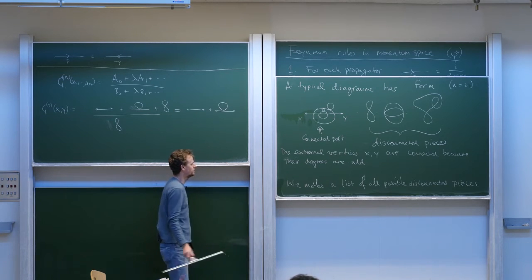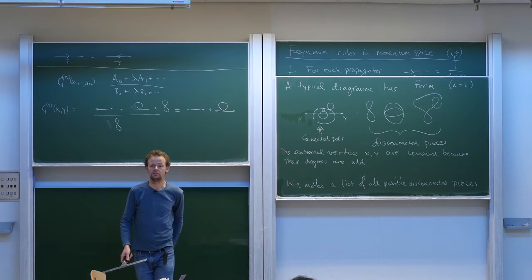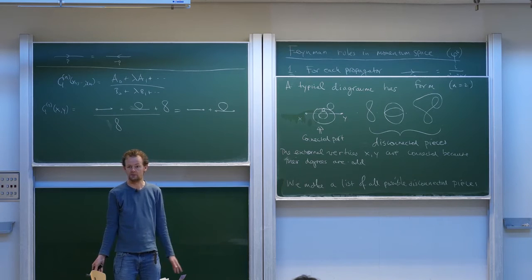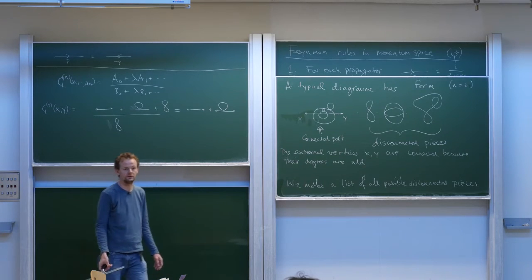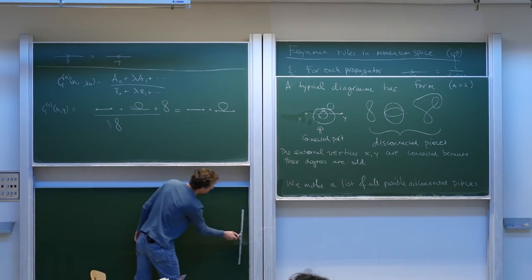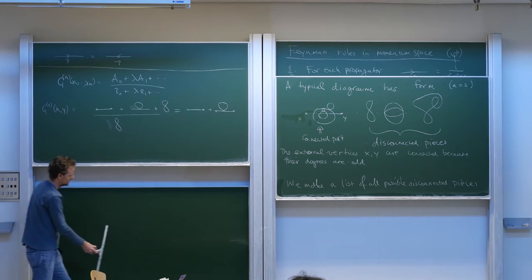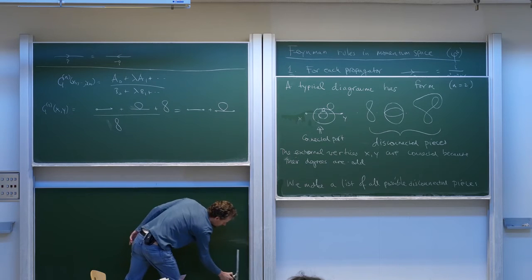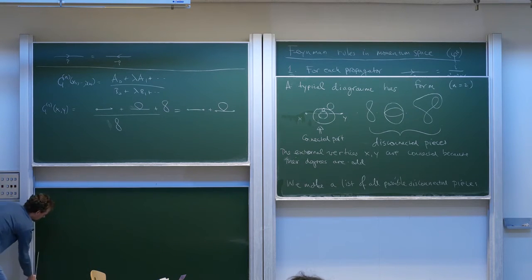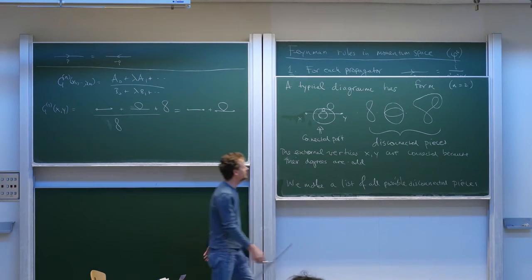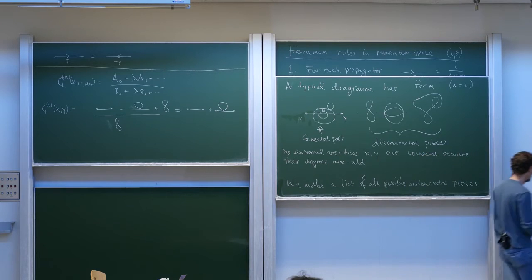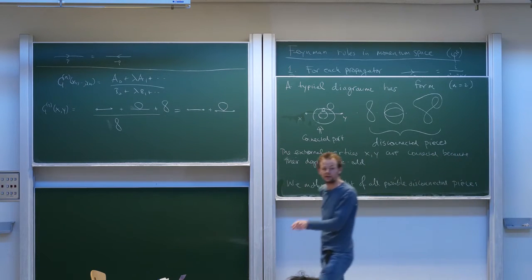Now, the set of all possible disconnected Feynman diagrams is countable. You can label them by the number of edges and vertices, if you like. That's a good way to count the possible disconnected Feynman diagrams. So we can at least write a countable list.